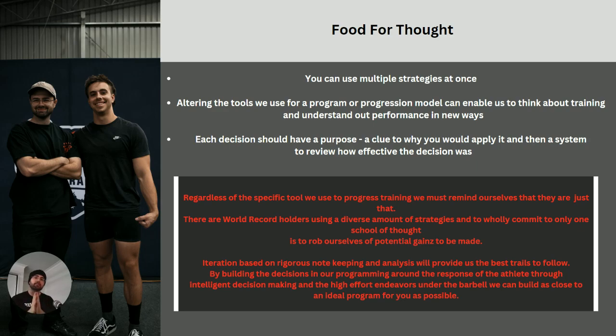It will provide us the best clues of how you respond to the training, and we can start to investigate those different avenues of what works and what doesn't. By building those decisions that we've made into our programming, we follow the response of you, the athlete. See what works, see what doesn't. And then by making intelligent decisions based on that information, we can build better and better programs.